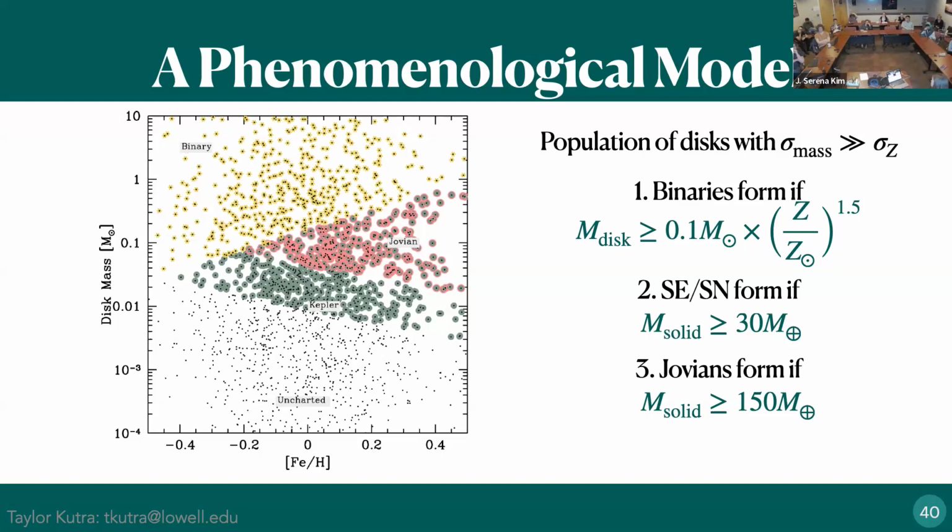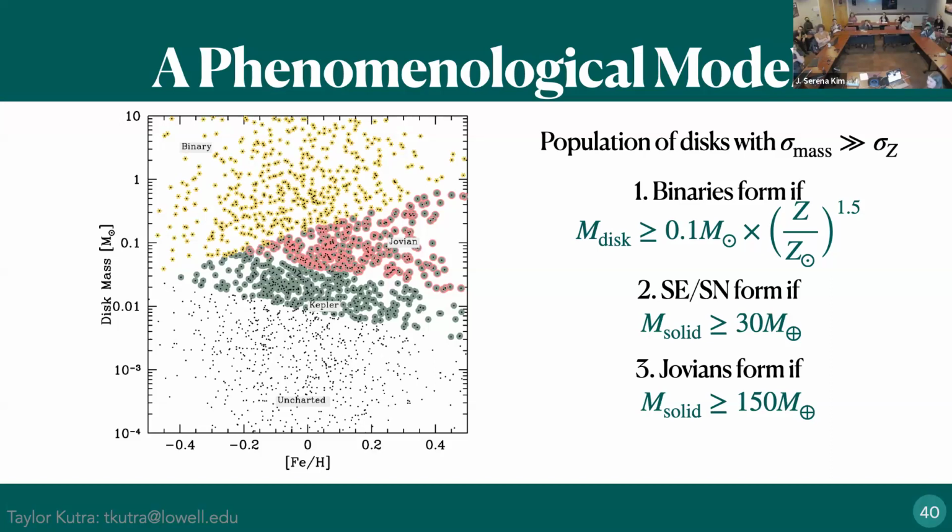We take this mock disk population, and we assign the outcome of the system based off of a couple of conditions. And then we want to see how well we can reproduce the observed occurrence rate trends just by considering the amount of solid mass in the system and the propensity for binaries to prefer metal-poor systems.